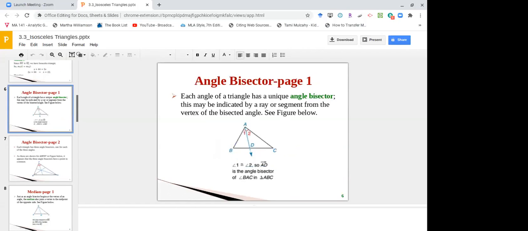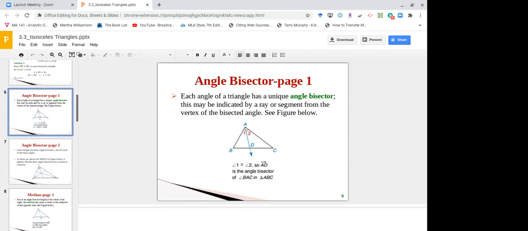Something else that I wanted to point out. We talked about the idea of bisecting before. To bisect means to cut in half, to cut into equal halves, even if it doesn't look like it. And you can bisect a line. So we had the segment bisector, the perpendicular bisector, and we have an angle bisector, and we have theorems about the angle bisector.